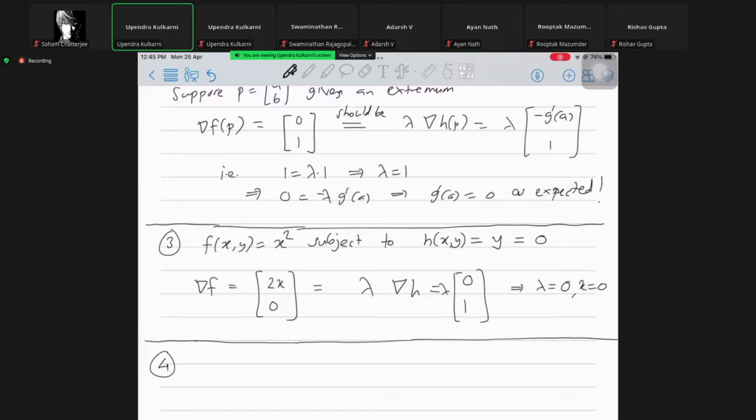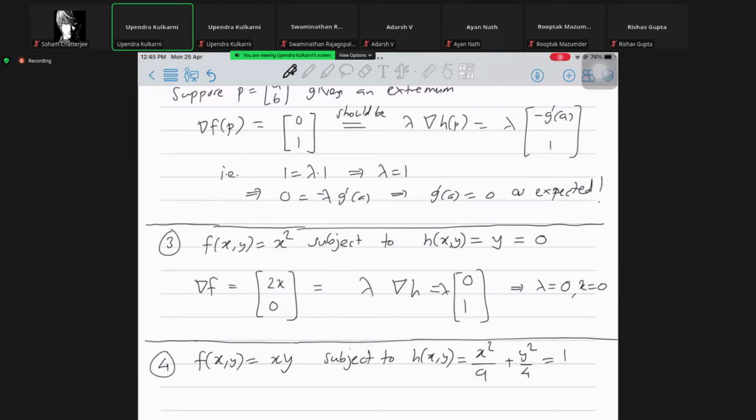So f of (x, y) equals xy, subject to, so this is an example straight from the notes.